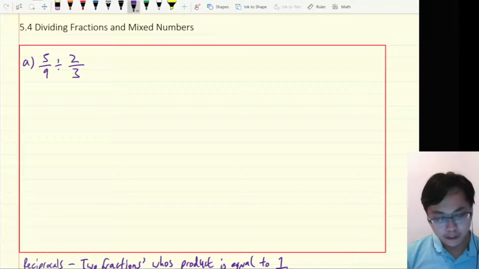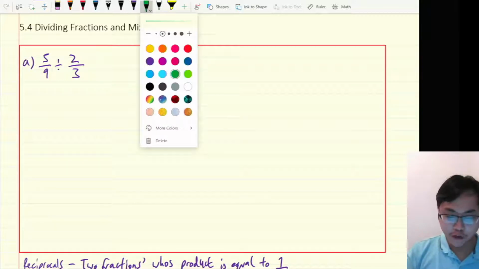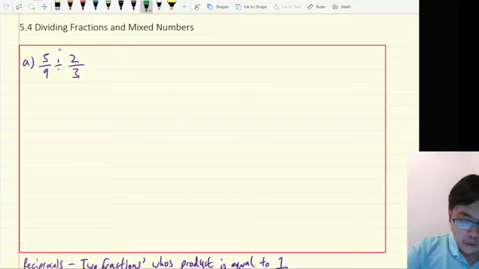Okay, so we cannot divide fractions really easily. It doesn't really make sense. A fraction divided by a fraction, we can't really use common sense to know what it is. And so instead of dividing by a fraction, we're going to multiply by the reciprocal.